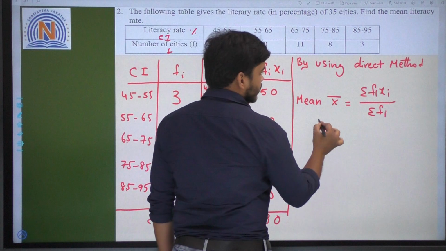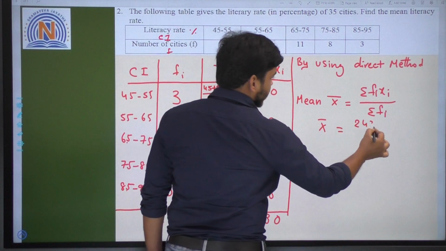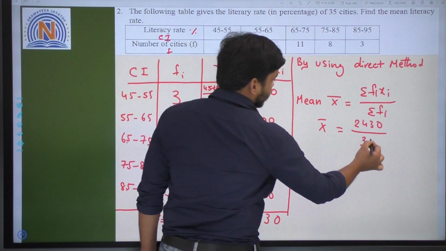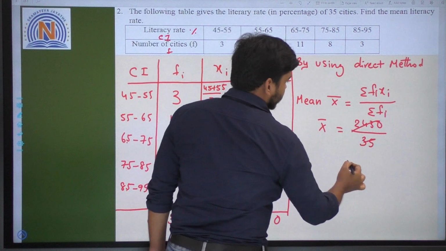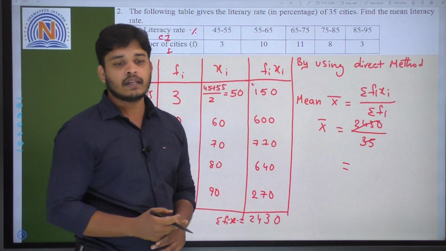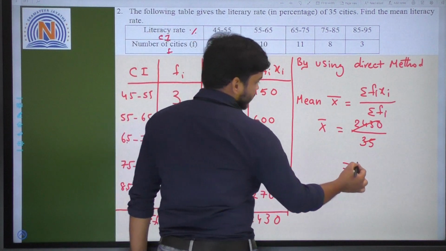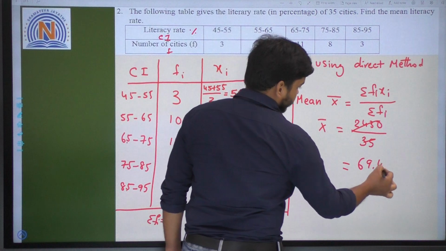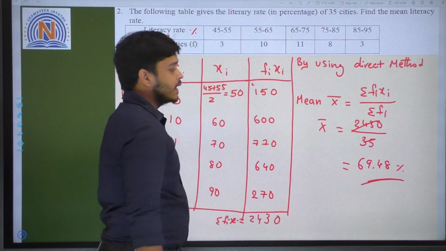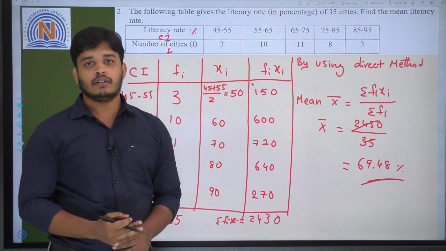Sigma fi xi is 2430 and sigma fi is 35. If you divide, you will get approximately 69.48 percentage. This is the average literacy rate in the given 35 cities, right?